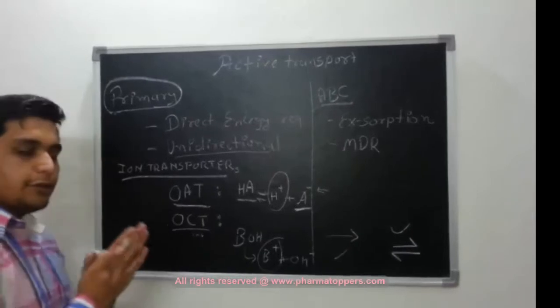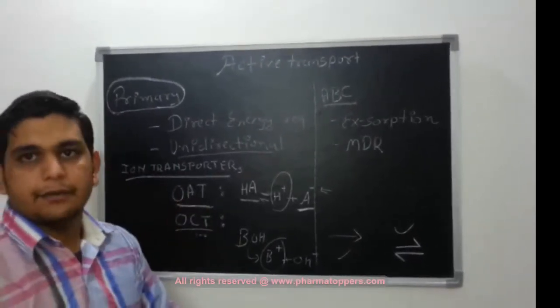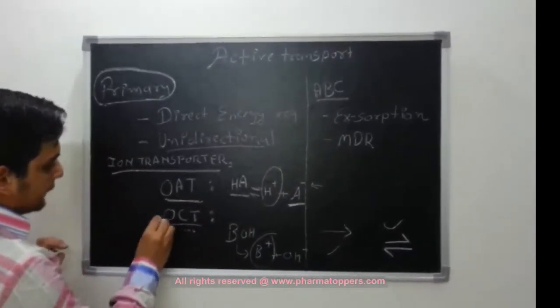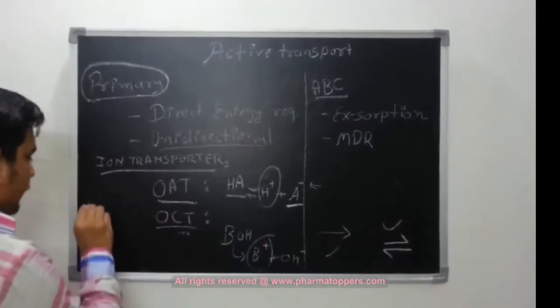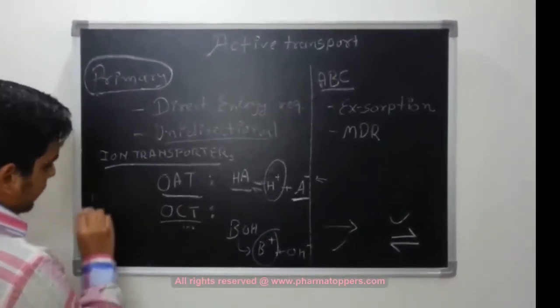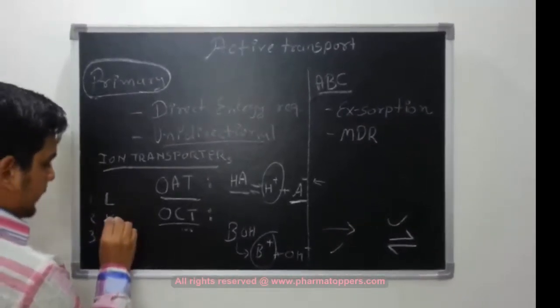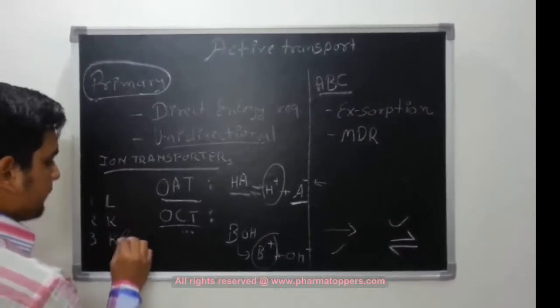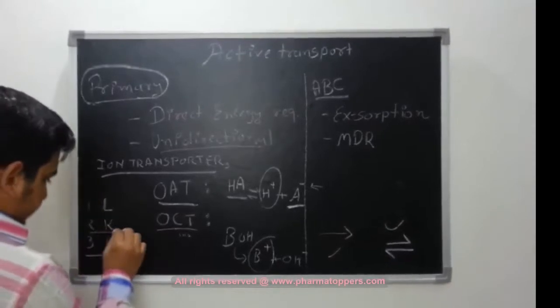These types of transporters are present throughout the body. You can consider the liver, kidney and brain; these are the main parts. In the case of organic cation transporters, there are three types: type 1, 2 and 3. Type 1 is present in the liver, type 2 in the kidney, and type 3 in the kidney as well as the brain.